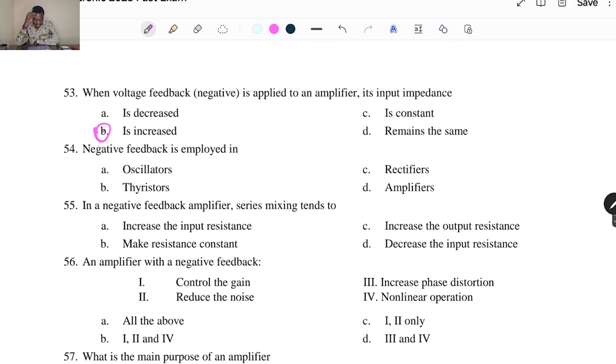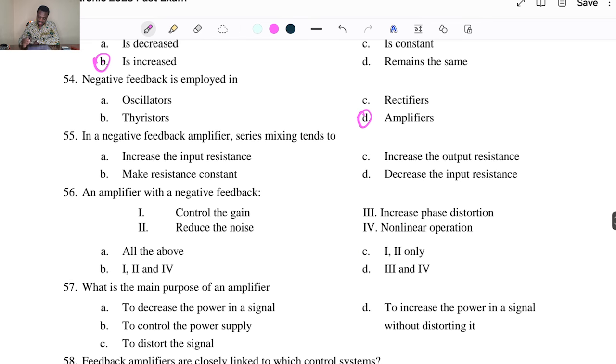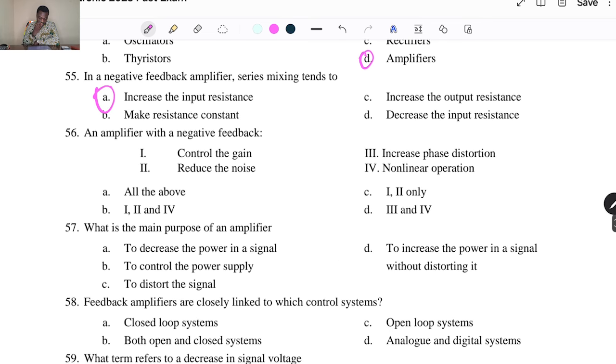Negative feedback is employed in amplifiers, right? We employ these amplifiers. In a negative feedback amplifier, series mixing tends to, when you have series, we are going to have an increase in the input impedance. So we have A, increase the input resistance, which is the same as impedance.